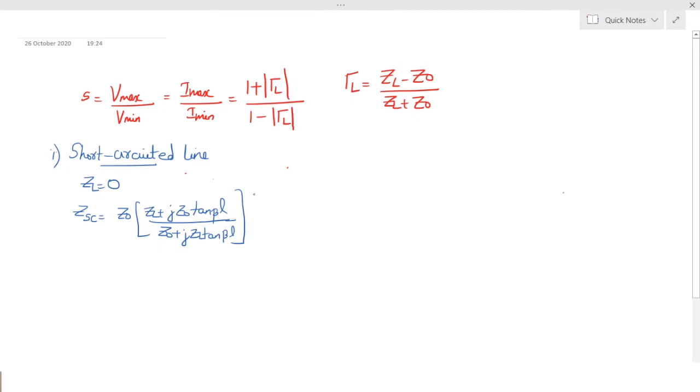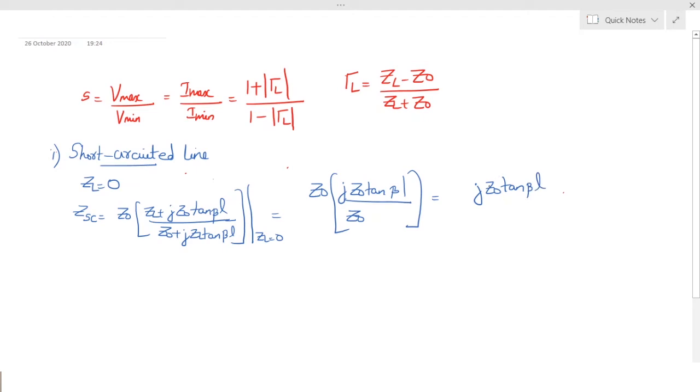Short circuited line means ZL is equal to 0. Substituting ZL equal to 0, you get Z0 into j Z0 tan beta L divided by, again ZL is 0, so divided by Z0. So you will get j Z0 tan beta L.